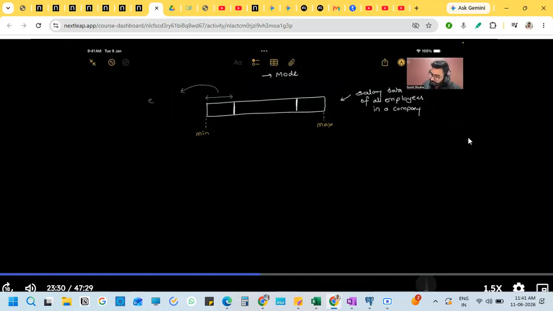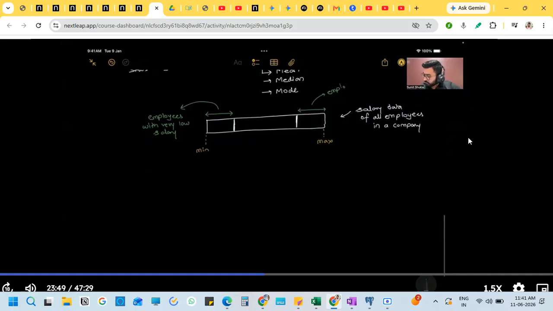So let's say these are employees with very low salary, these are employees with very high salary, and these are the people with neither low nor high, right?